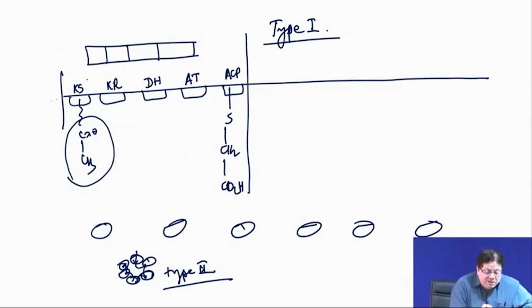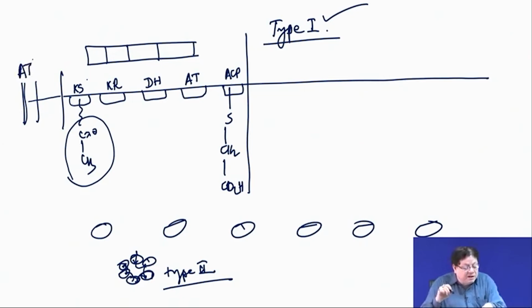So, that means all these polyketide synthase in type 1, we are not talking about separate enzymes, one protein having all the activities. It starts with what is called an acyl transfer. You are transferring the acetyl group from acetyl coenzyme A to the ketosynthase.